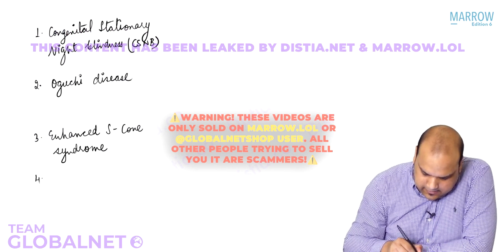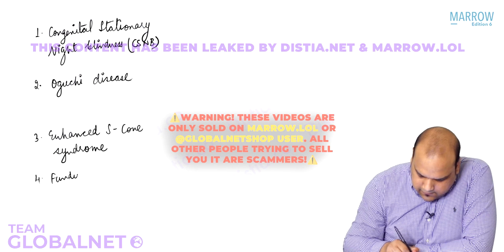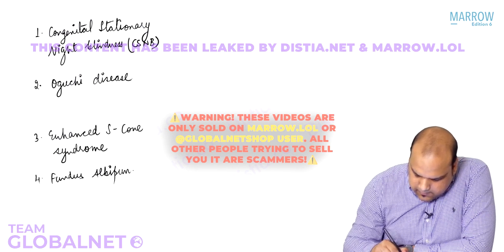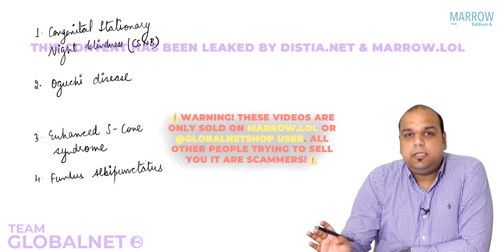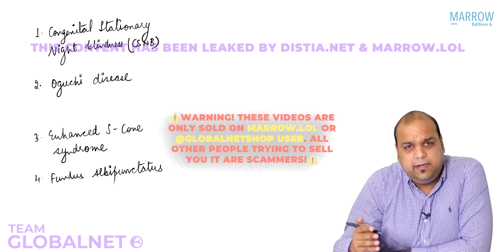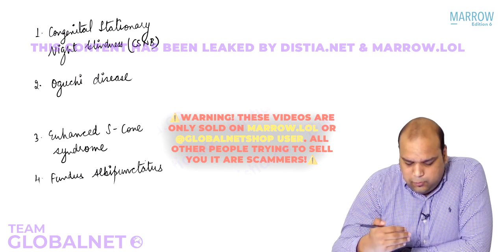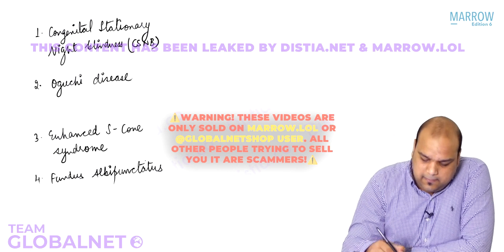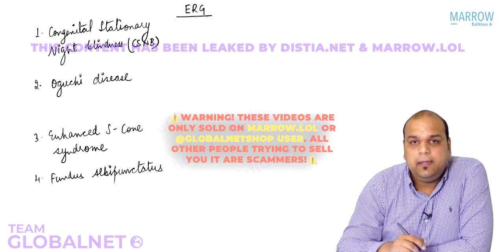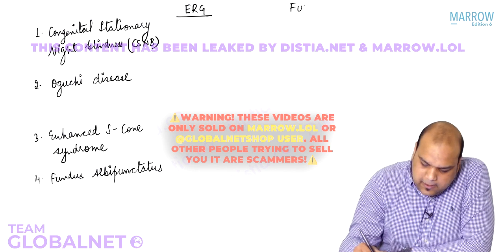And lastly, fundus albipunctatus. So these are the 4 conditions which can lead to congenital night blindness, infantile onset nyctalopia. How to differentiate these 4 conditions? Based on ERG recording and based on appearance of the fundus.